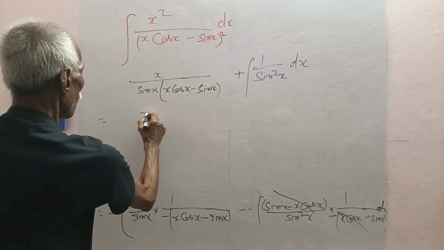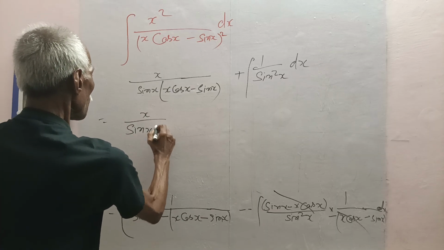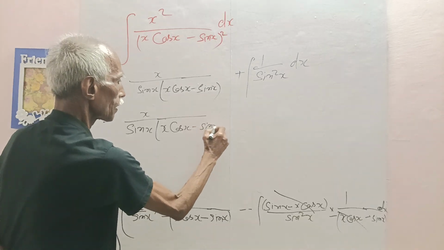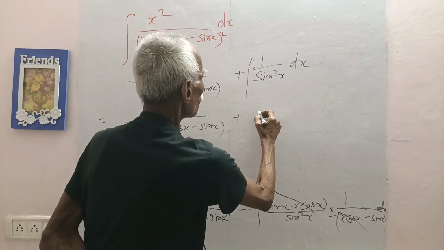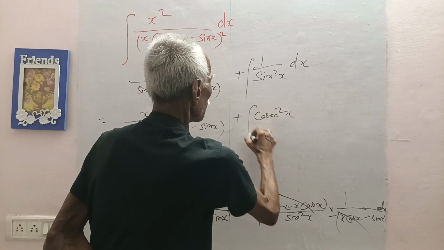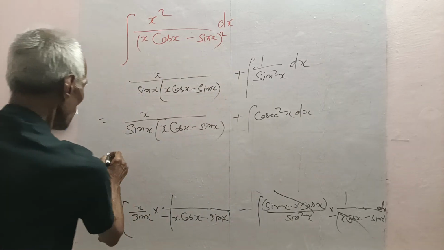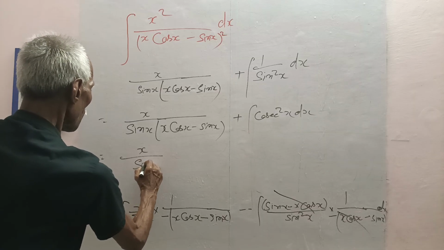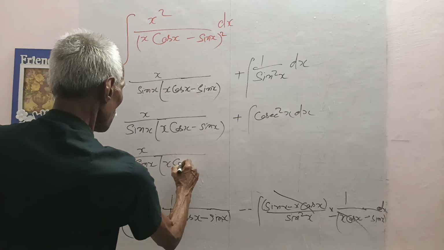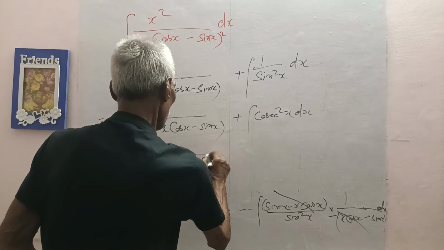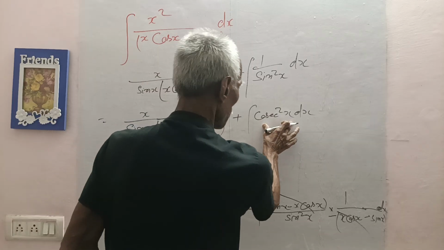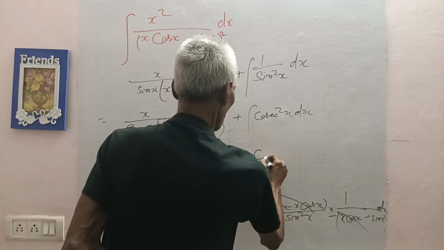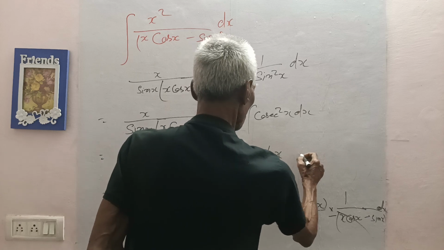is equal to x by sin x into x cos x minus sin x plus cosec square x dx is equal to x by sin x into x cos x minus sin x, cosec square x dx equal to minus cot x, minus cot x plus c.